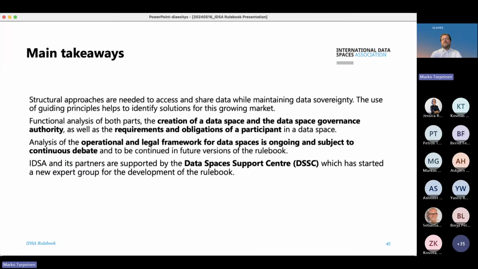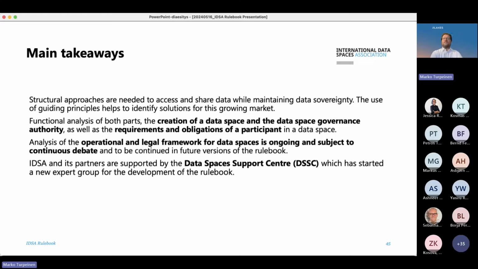Just to summarize, having these rulebooks is a structural approach to access and share data while maintaining data sovereignty. That is what data spaces promise to do, and the rulebook helps by showing what the principles are, and what functions are necessary to create a data space and build a governance structure around it.